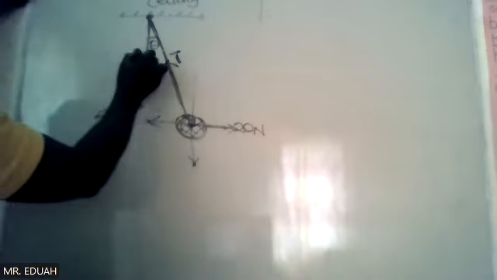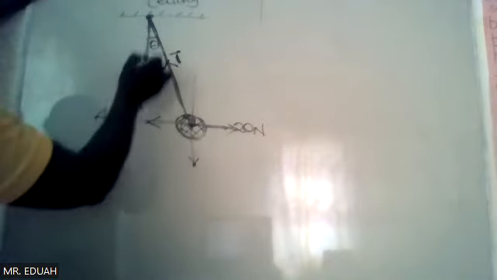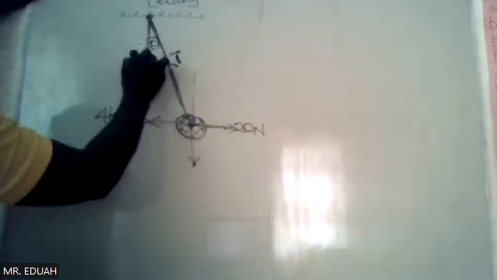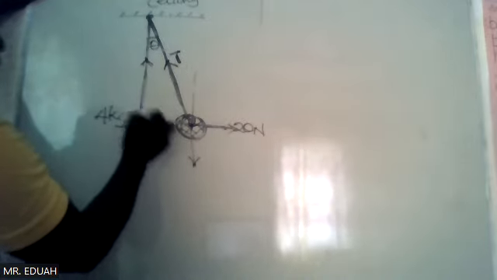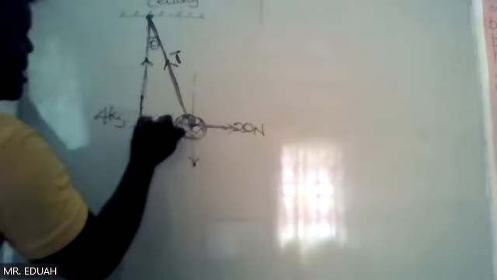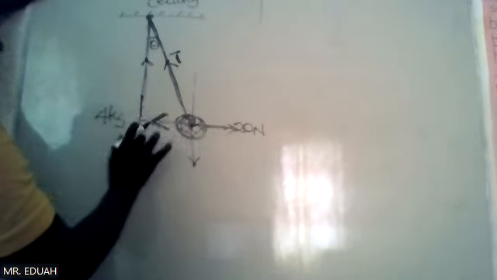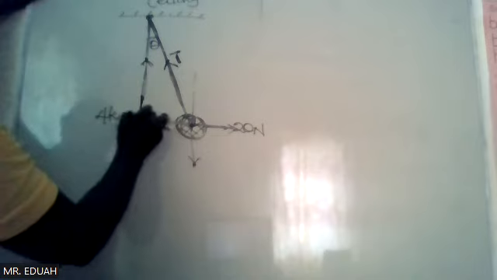So let's resolve to get, this is the horizontal component of this force, and this side becomes the vertical component of the tension T. What will be the horizontal component of the tension?